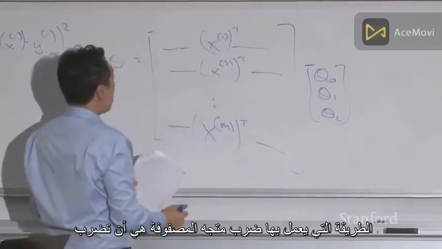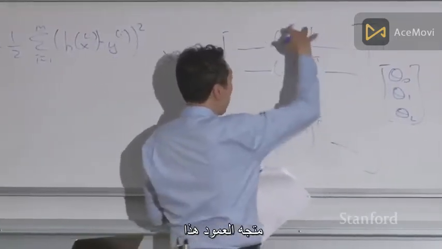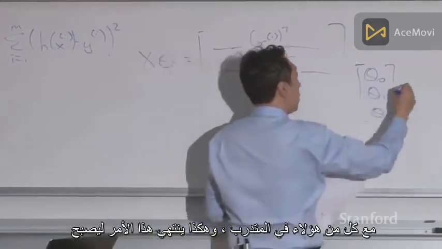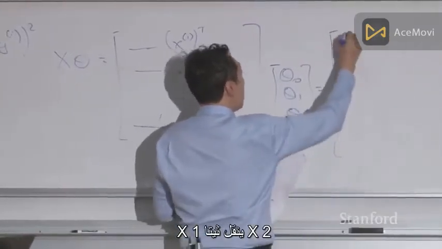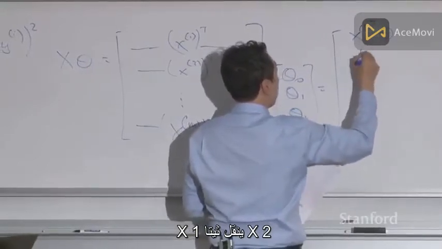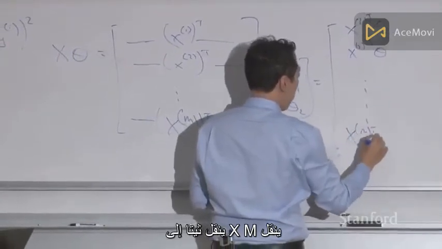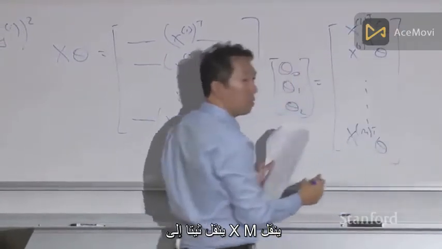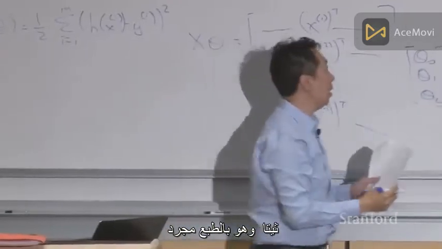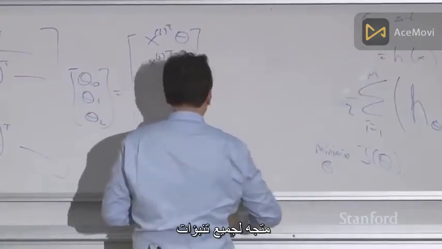You multiply this column vector with each of these rows in turn, and so this ends up being x1 transpose theta, x2 transpose theta, down to xm transpose theta, which is, of course, just the vector of all of the predictions of the algorithm.